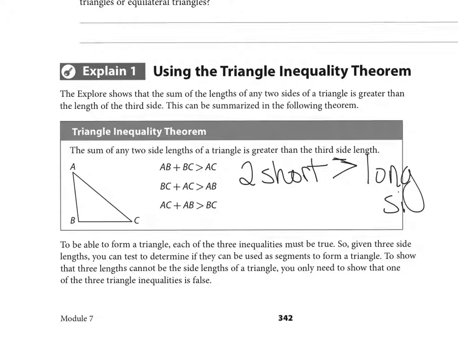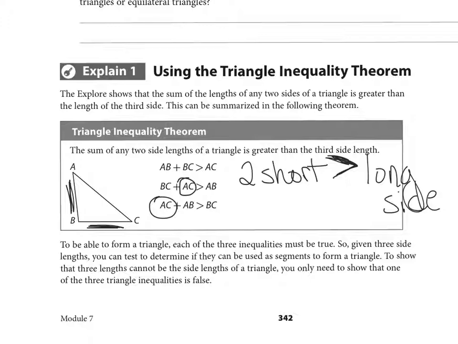And do you see where I have, if the two shortest sides are greater than the long side, if AB plus BC is greater than AC, then all the other things fall into place, right? Because if you add the long side to a short side, of course it's going to be longer than the short side.